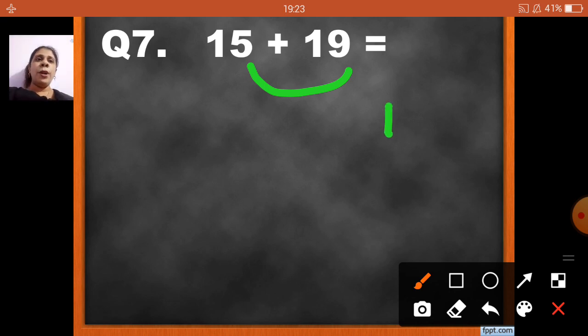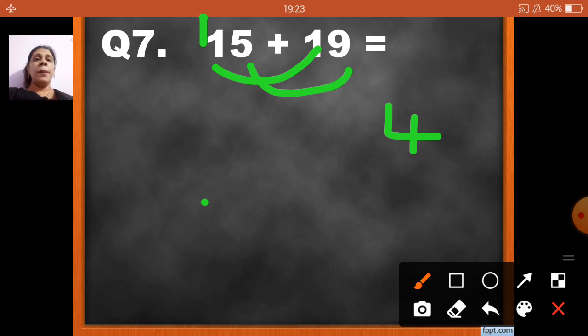So for 14 what I will do? I will write 4 here and 1 I will carry over. Otherwise you have to keep the 1 in your mind. In mental maths you don't have to carry over and you don't have to show all this working. For your explanation I am showing this working to understand the sum. Now tens with tens, that is 1 plus 1 will be 2 and 1 we have already carried over.